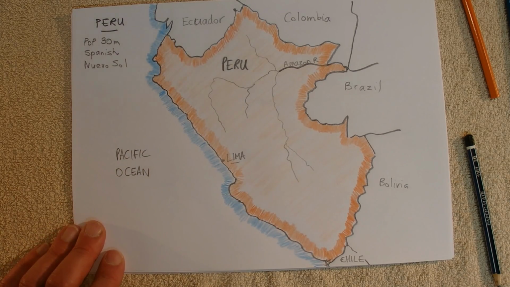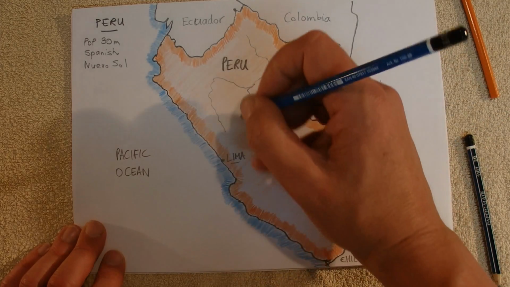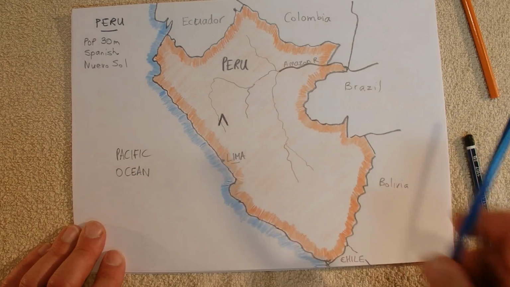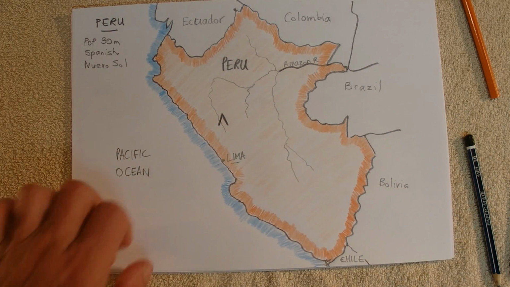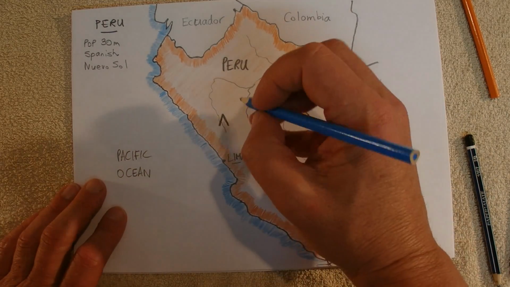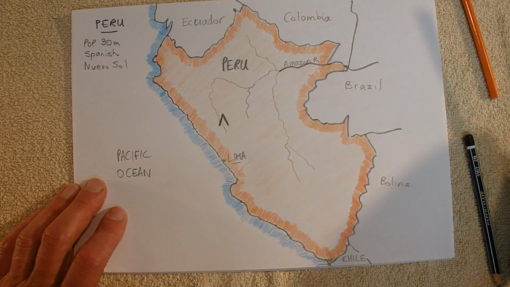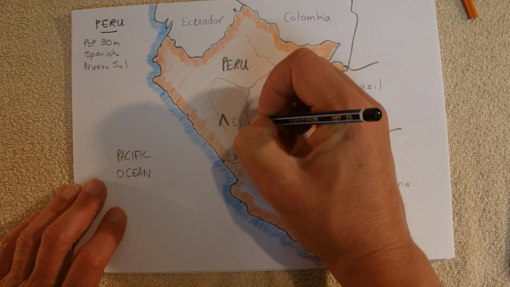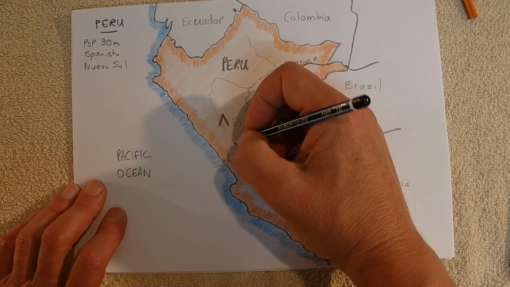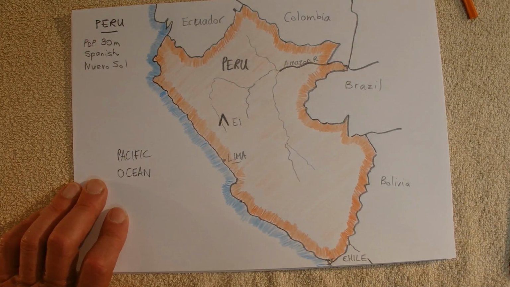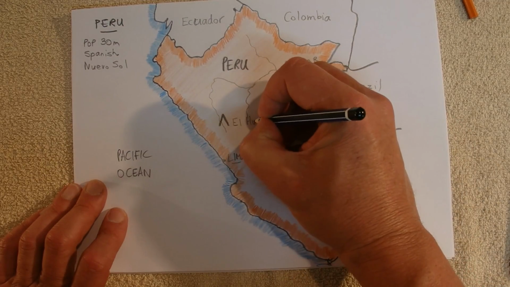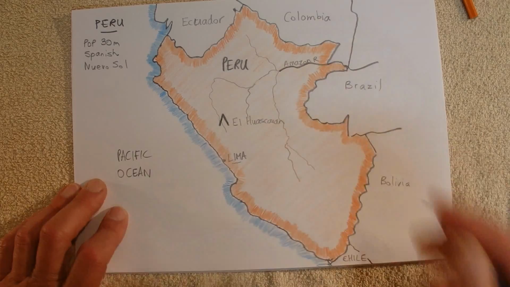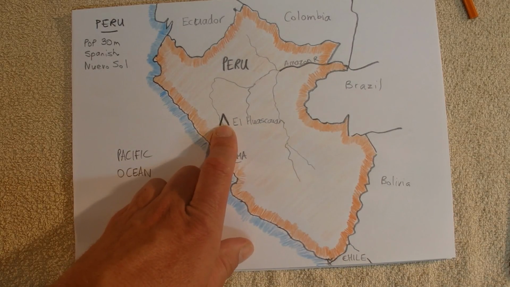Now when we're talking about mountain ranges, I'll draw a little peak like that, and the highest mountain in Peru is, oh, got the wrong pencil in, is called El Husqvarna. Now I'll just have to, El Husqvarna, it's roughly about there.